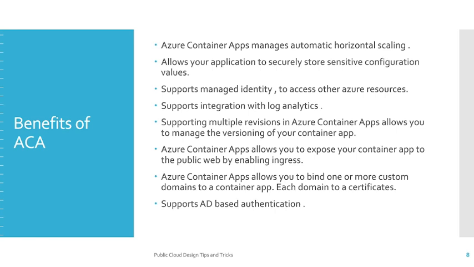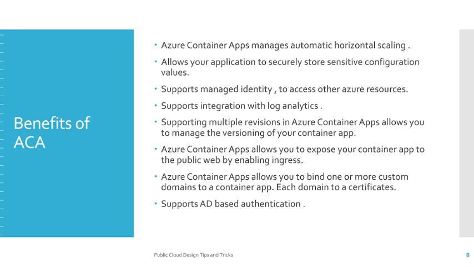Sixth, Azure Container Apps allows you to expose your container app to the public web by enabling ingress. So you will get the ingress capabilities where you do not have to think about a load balancer outside your container apps. Rather, you can leverage the ingress capabilities of the container apps to expose your API to the outside world. Seventh, Azure Container Apps allows you to bind one or more custom domains to a container app.